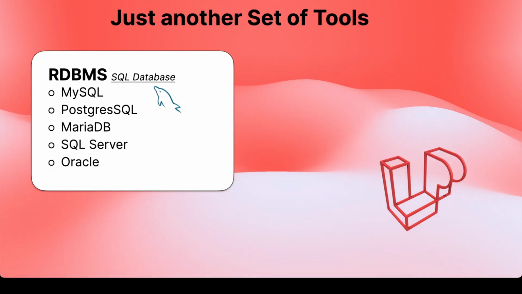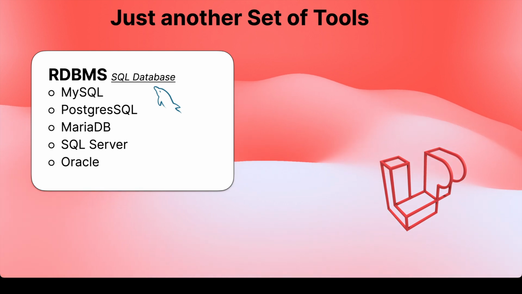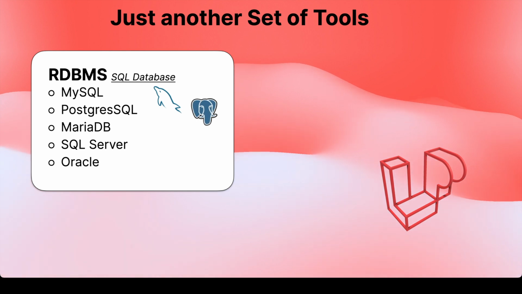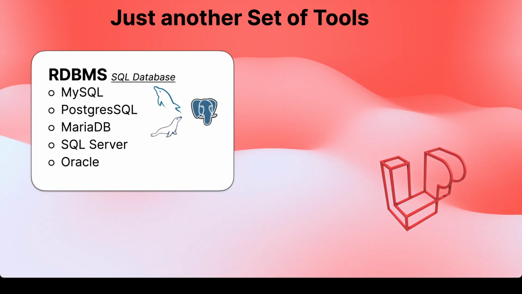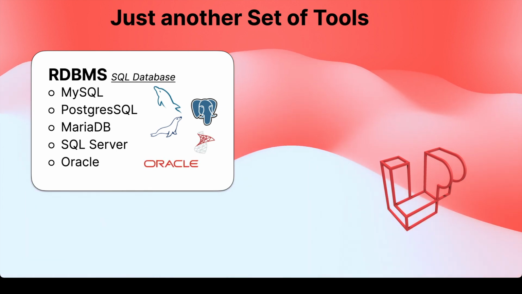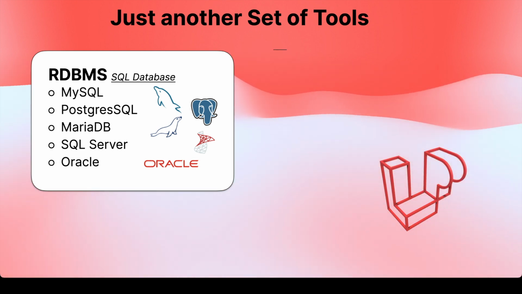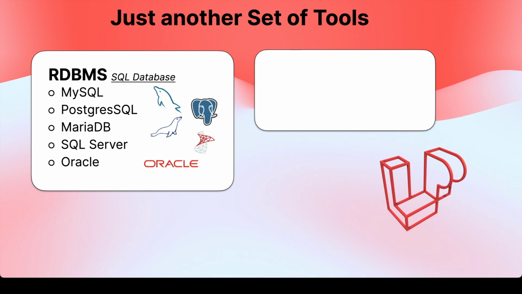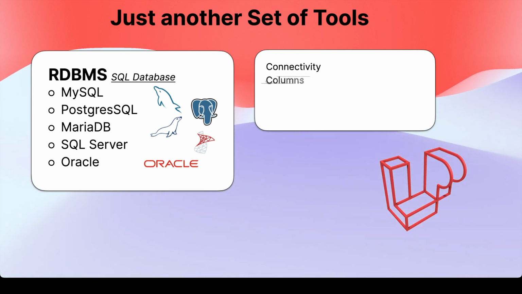So in the RDBMS world, we all are familiar with SQL databases. We've got MySQL, Postgres, MariaDB, SQL Server, and of course Oracle. When you first started learning about how to use a SQL database, the first thing you needed to do was connectivity. You needed to connect to the database.